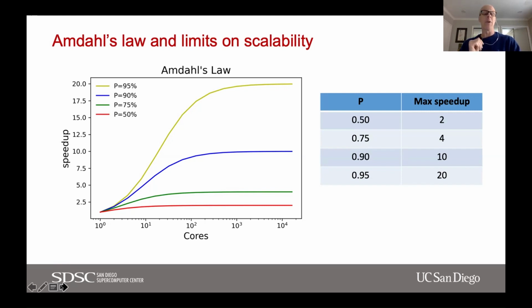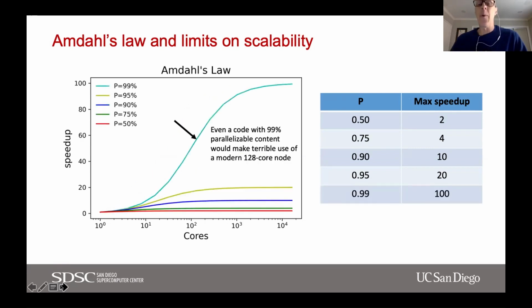The green curve shows 75% parallel content. Again, we quickly level off. Our maximum speedup is going to be 4. But look at that, even with 95% parallel content, we can only get a maximum speedup of 20. If we go out further, in this case, I added a curve showing a code with 99% parallelizable content.